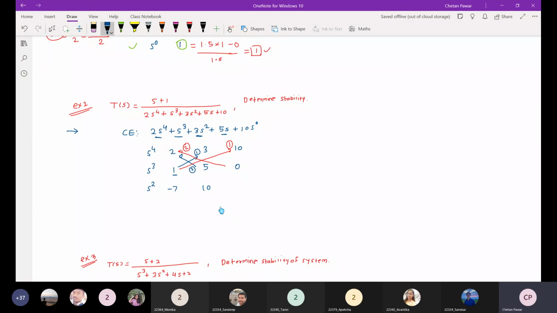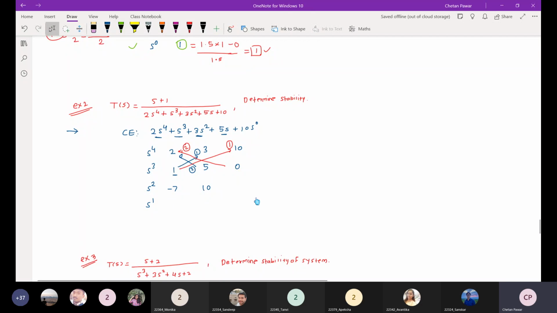Now I will need to find out the elements of S raised to 1 row. Okay, same procedure I will apply. I will use the coefficient of S cube and S square. I will use the elements of S cube and S square row to find out the elements of S raised to 1 row.